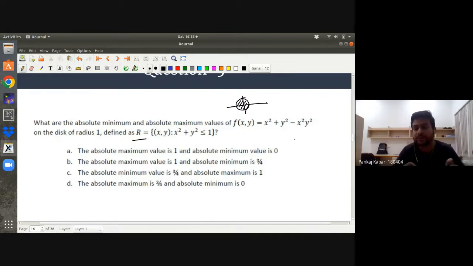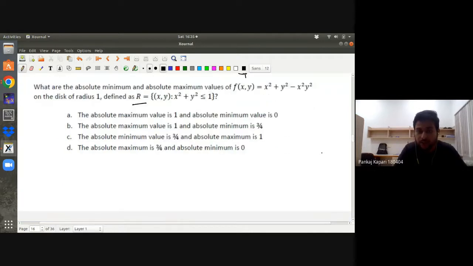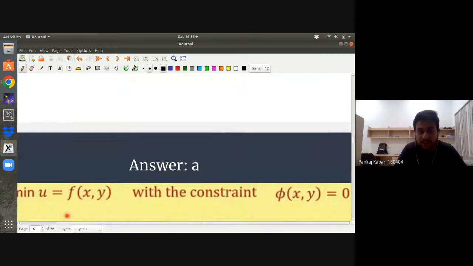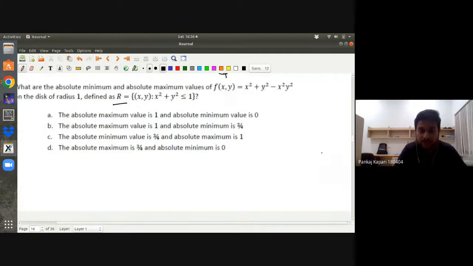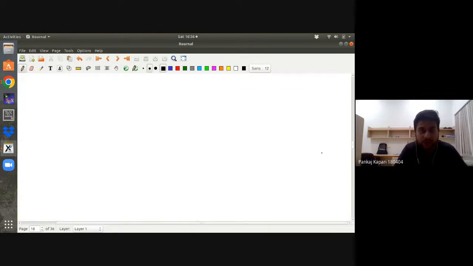Constraint means the variables x and y satisfy some relation on the boundary, and you have to maximize your function with respect to that condition. So we'll take two cases, and then I'll explain the method of Lagrange multiplier.